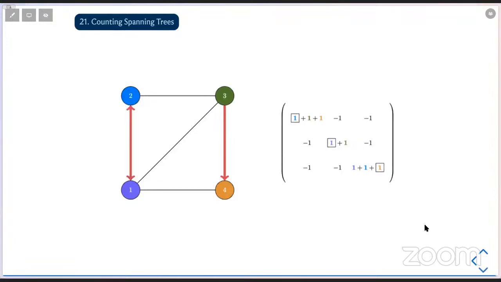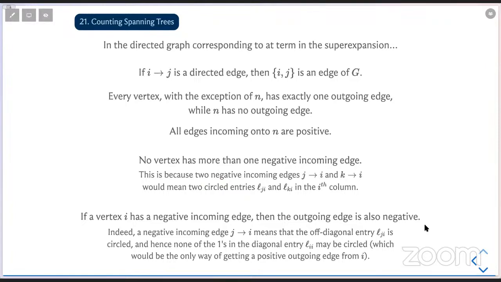So what I want to say is look at something that's potentially not a spanning tree, so look at any other term in the super expansion. Just to be fair, the way this is presented in the miniature is, don't look at the terms in the super expansion, but look at the graphs that you get. You have this whole list of terms in the super expansion, and each of them corresponds to these diagrams.